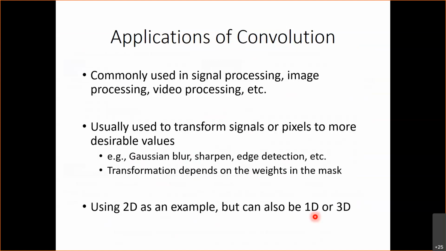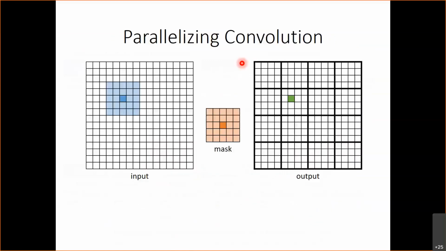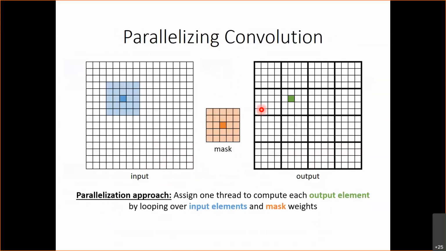Exactly. It's that simple. So to parallelize convolution, what we could do is we could simply have one thread per output element, okay? And this thread would be responsible for going through the neighboring input elements and the mask and calculating the weighted sum. So this is a very simple approach to parallelizing convolution. That's not the only approach. There are other approaches for parallelizing convolution.